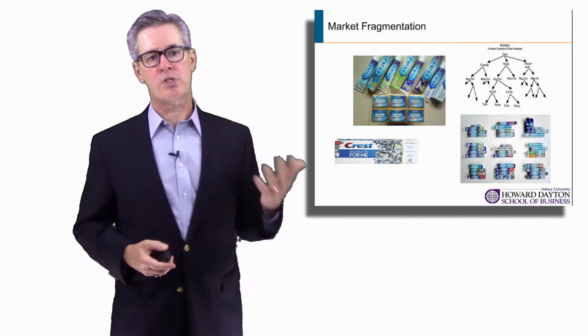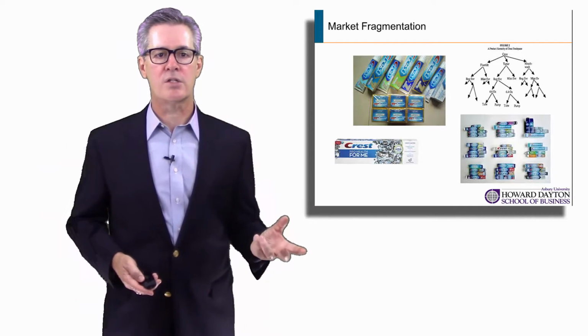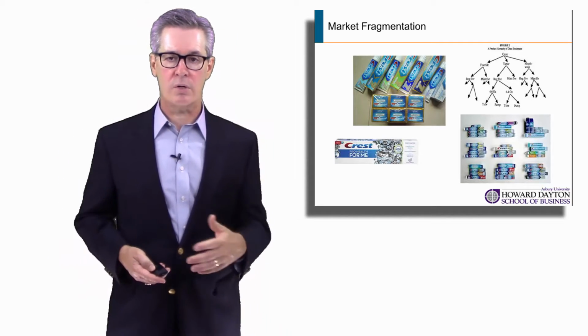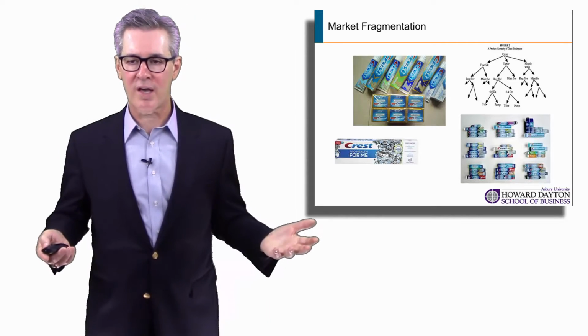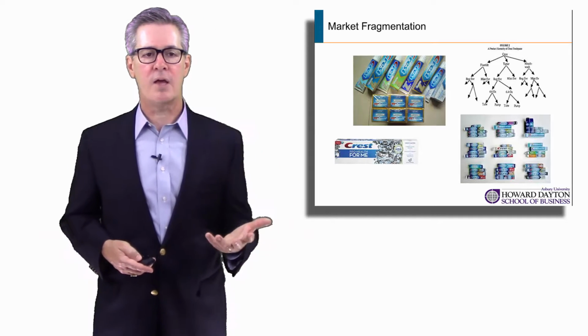And so as a result of market fragmentation, mass marketing efforts are not as effective as they were 20 years ago or even 10 years ago. And so to just have a single kind of toothpaste is not going to be really that effective.